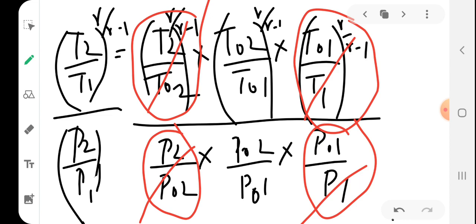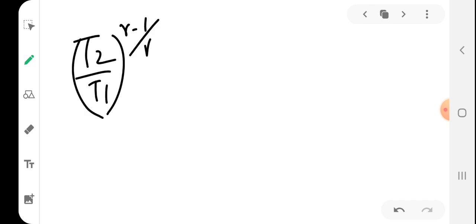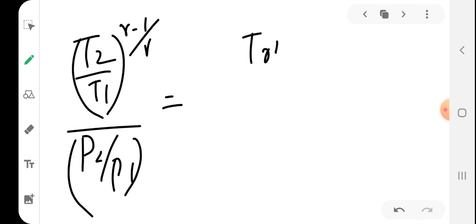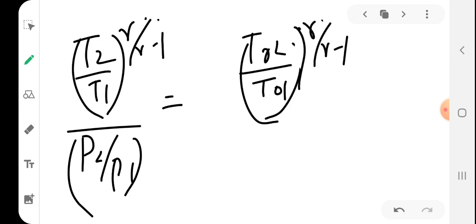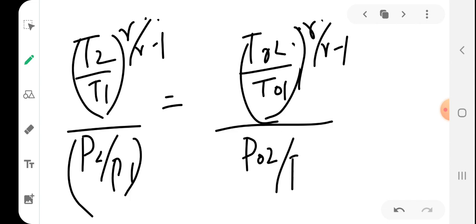So finally what remains? The remaining thing will be T2 by T1 all raised to gamma by gamma minus 1 by P2 by P1 equal to T02 by T01 all raised to gamma by gamma minus 1, which will be equal to P02 by P01.